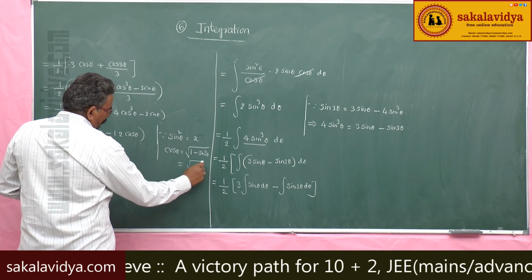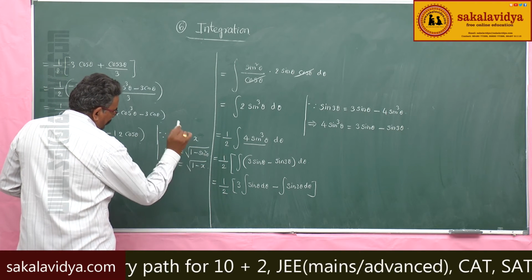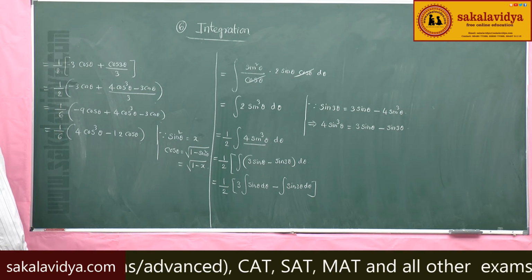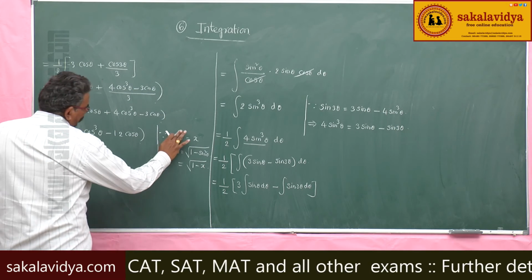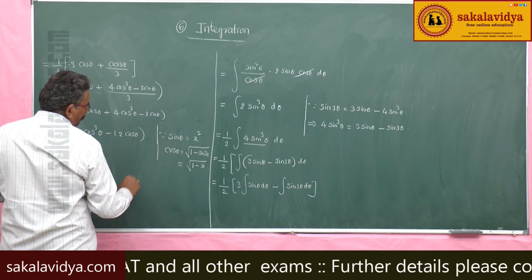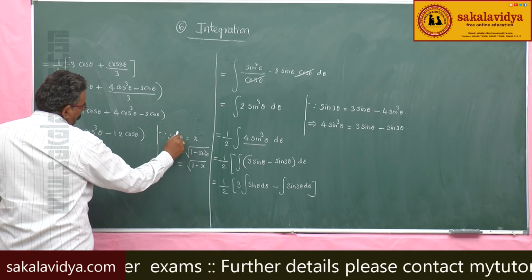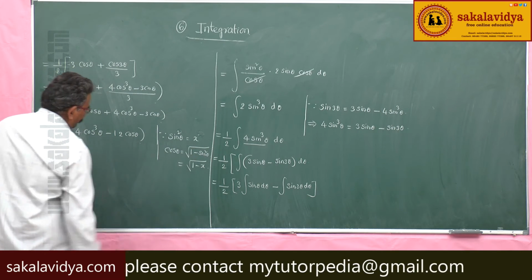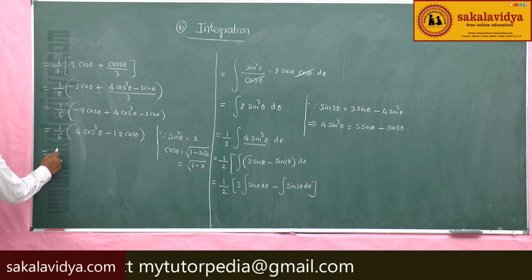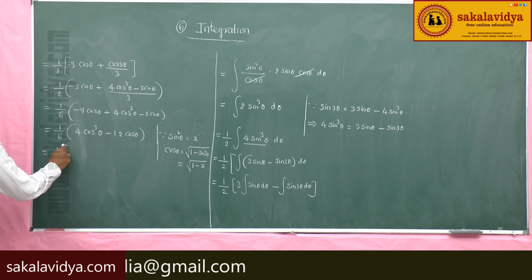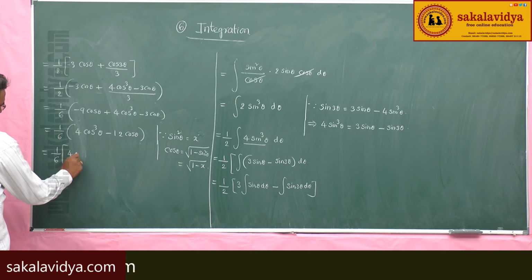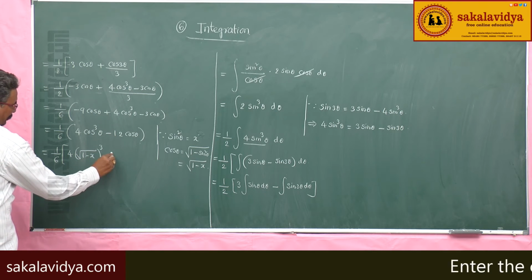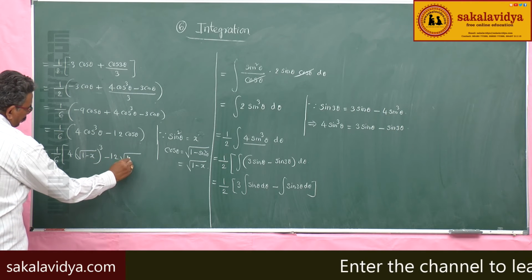So cos theta is equal to root of 1 minus x. Now, this we can write as 1 by 6, 4 times root 1 minus x whole cube, minus 12 times root of 1 minus x.